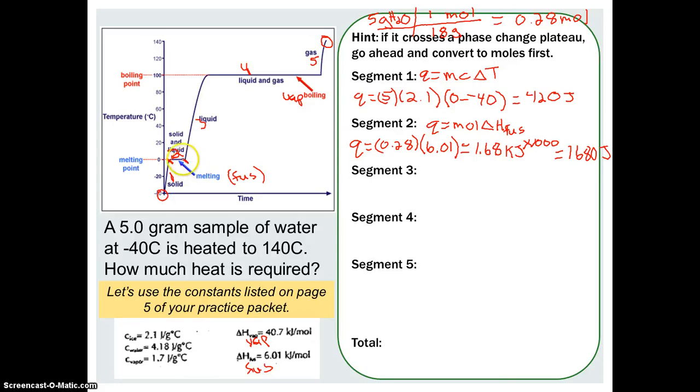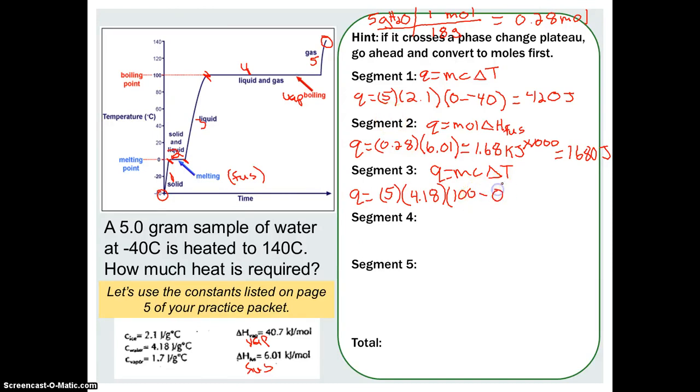Okay, segment 3. I'm going from a liquid at 0 degrees to a liquid at 100 degrees. I'm changing temperature. So Q equals mc delta T. Plug it all in. Q equals M, which is mass, times C. Now I have liquid water, so I can use the 4.18 that we've been using, times delta T. Final will be your boiling point, which is 100 degrees.